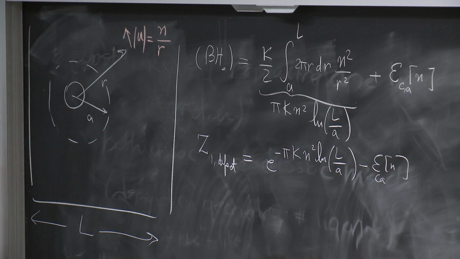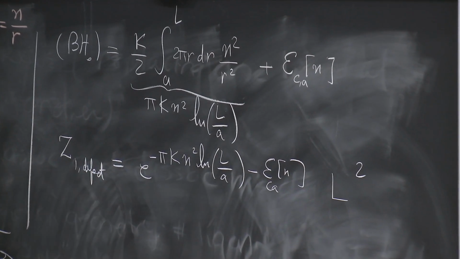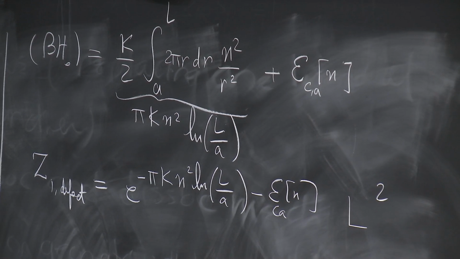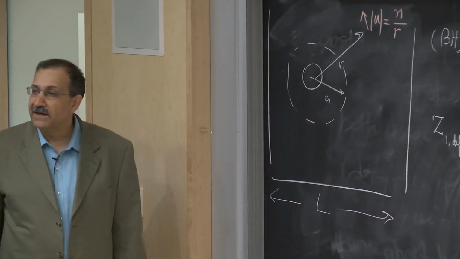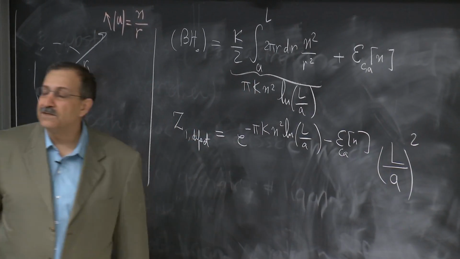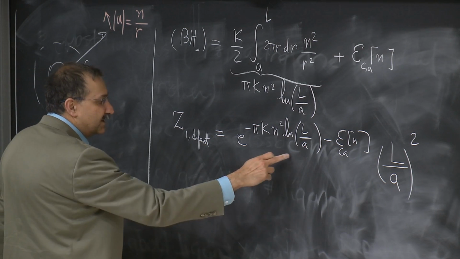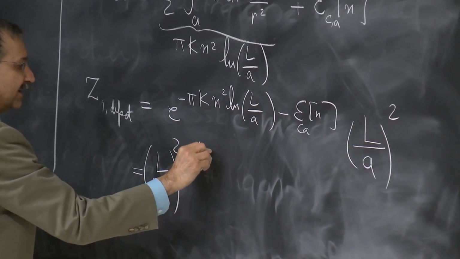So there is an integration over the position of this that is implicit. And so that's going to give me the square of the size of my system, except that I'm unsure as to where I have placed things up to this cutoff a. So really, the number of distinct positions that I have scales like L over a squared. So the whole thing, we can see, scales like L over a to the power 2 minus pi k n squared.